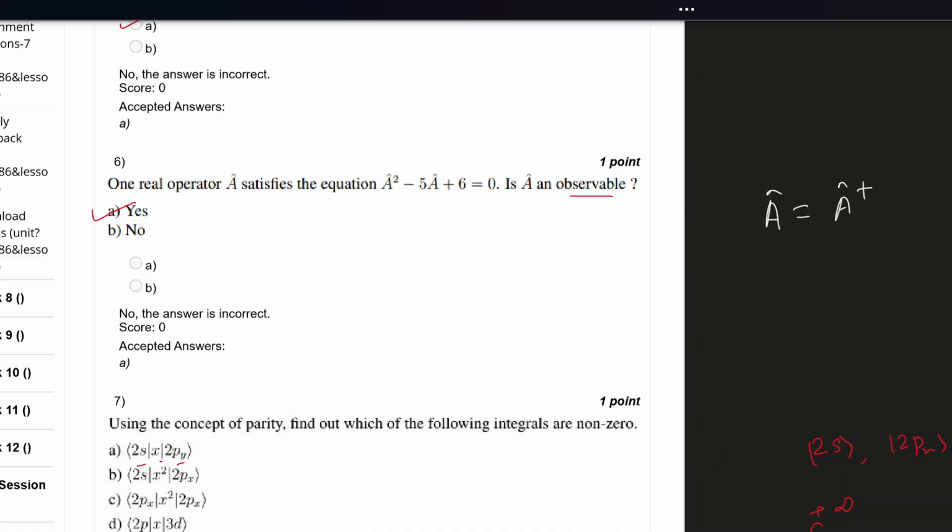Here, this kind of integral becomes 0 when the integrand, the function inside the integral, is an odd function. When the integrand is even, it is non-zero, rather it will be like 2 times the integral from 0 to infinity of this dx. This gives a non-zero result when the integrand is even.